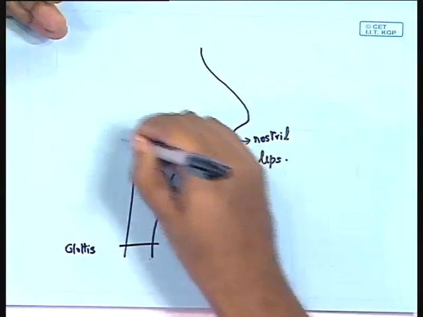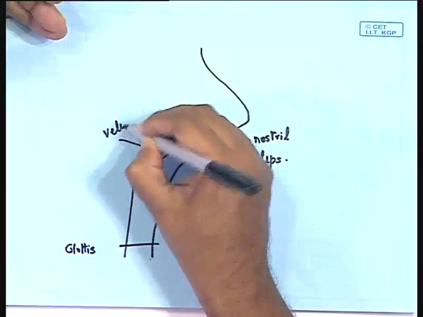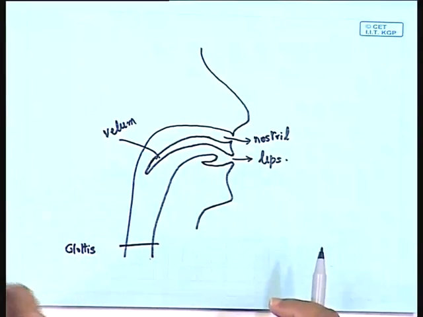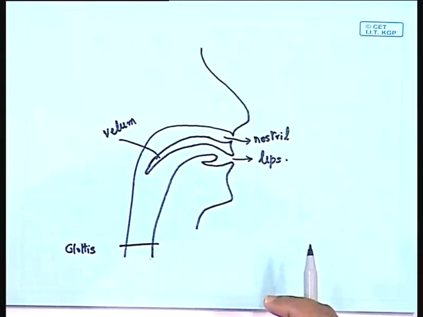And here we have what is called as the velum, which is basically an articulatory organ which we can move up or down in order to constrict the flow of the air.